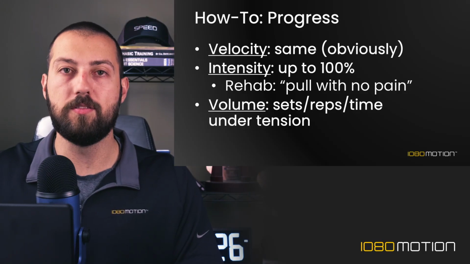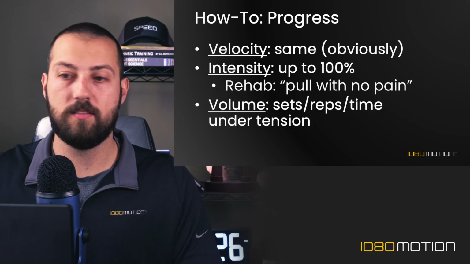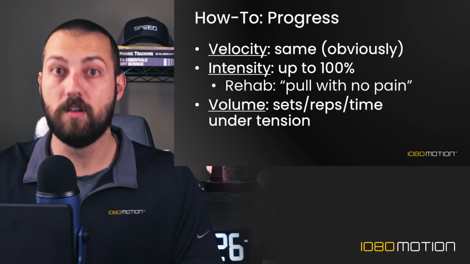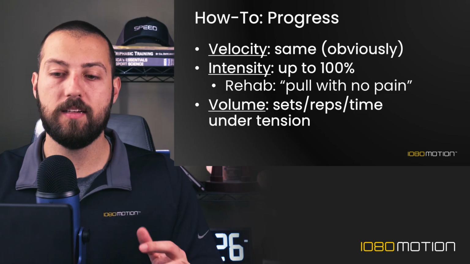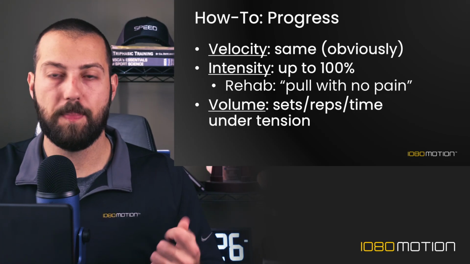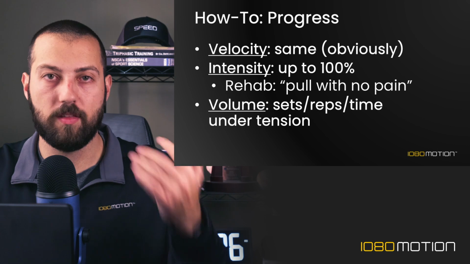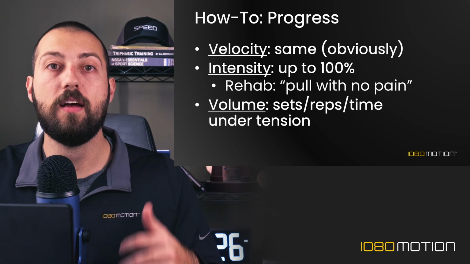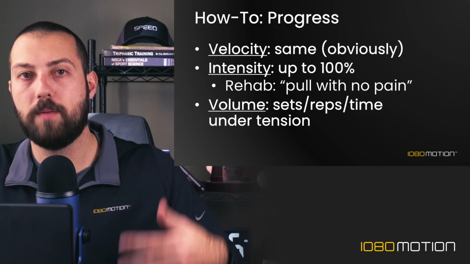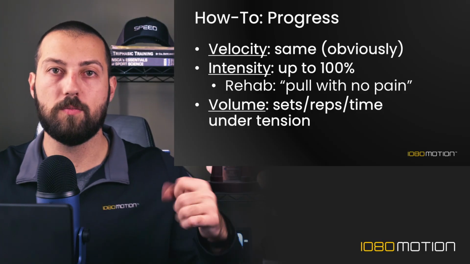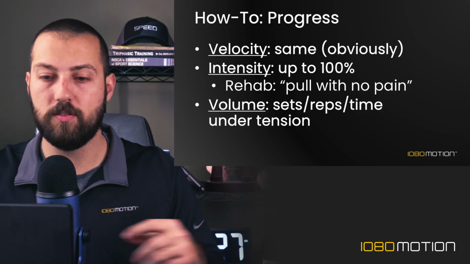So you can use something else like subjective effort, or again, go with no pain to guide your intensity over time. And then last, volume. How much are you doing? How many sets? How many reps? Or think about time under tension. If we know every rep is 2.5 seconds, well, then consequently, when we add more reps and sets, we're just accumulating more time of max force on those muscles.